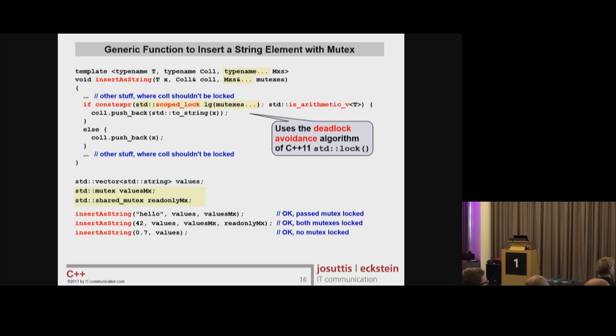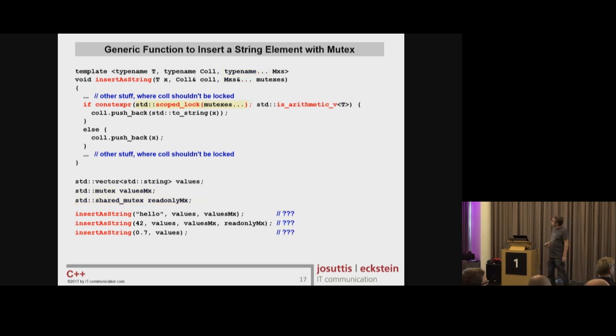And you can pass no mutex at all, and that's also supported by scoped_lock. If there is no mutex passed, then it will not lock anything. So this code is essentially now generic in a way that we might even not lock a mutex at all. And that gives us some flexibility you might be happy about in your code.